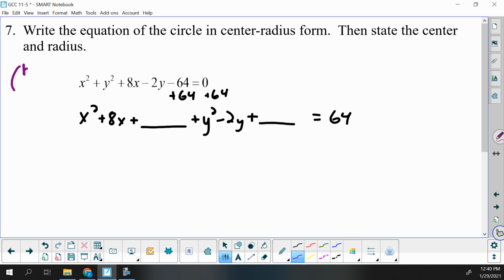So we're going to do b over 2 in parentheses squared. B is in front of the plain old x or the plain old y.